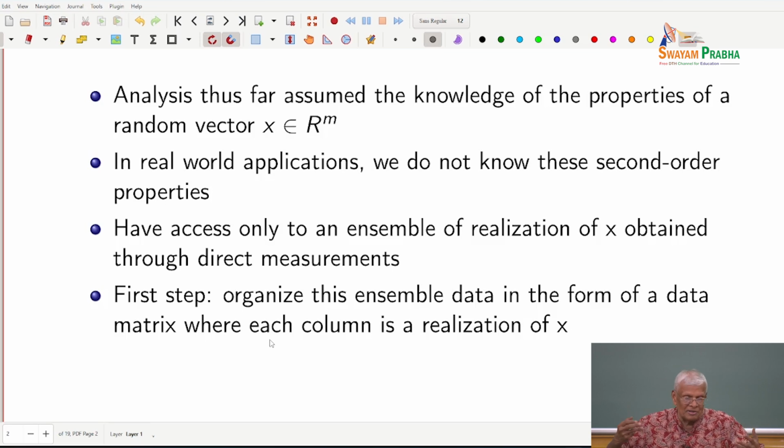Second is spatial data. What is the total amount of rain that the state of Tamil Nadu, or any state within India, got during the month of December, state by state? That's a spatial distribution.